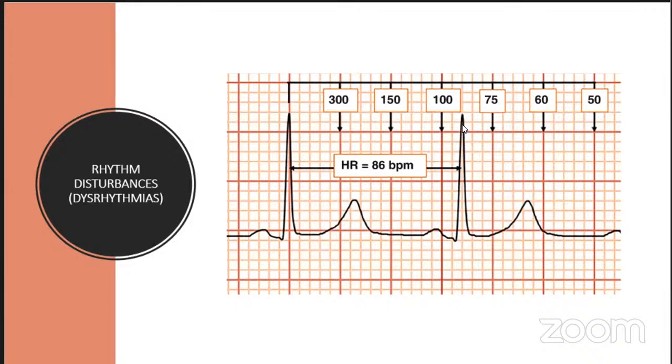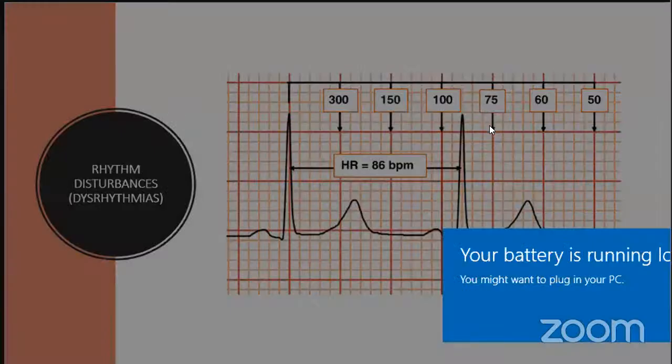You can see this QRS complex fell between our 100 and 75. That tells you that this patient's heart rate is between 100 and 75. So that's one way you can use to estimate the patient's heart rate.